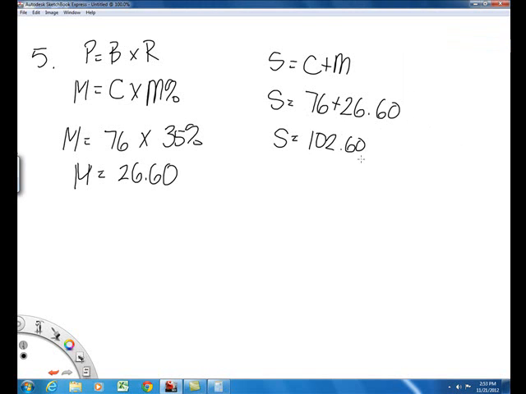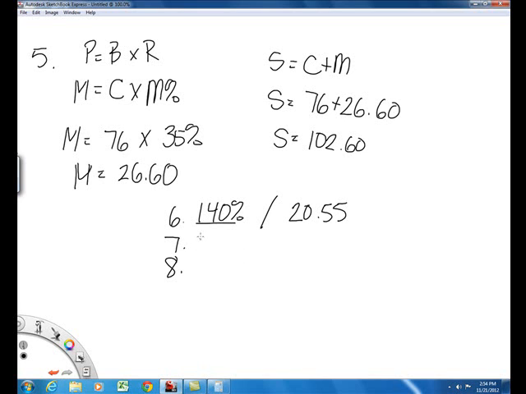Okay, that gives you 6, 7, and 8 that you can work on your own to make sure that you understand it. If you don't, be sure to let me know and I'll be glad to go over it with you. On number 6, you should get 140% for your mark on rate, $20.55 for your mark on amount.